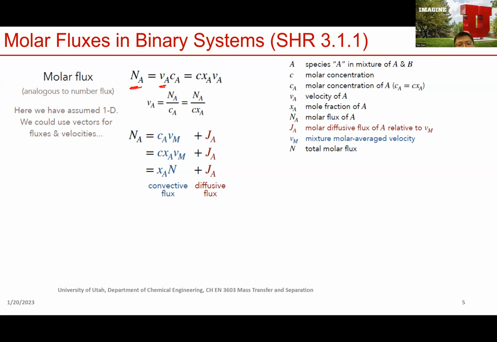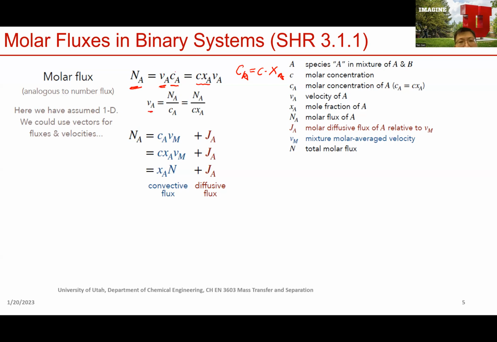Then C_A, the concentration of A, is the total concentration multiplied by the molar fraction of A, right? So C_A equals C multiplied by X_A. Okay. And by rearranging this equation, we should be able to compute, if we know the molar flux of A and concentration of A, the velocity of A by dividing, right?